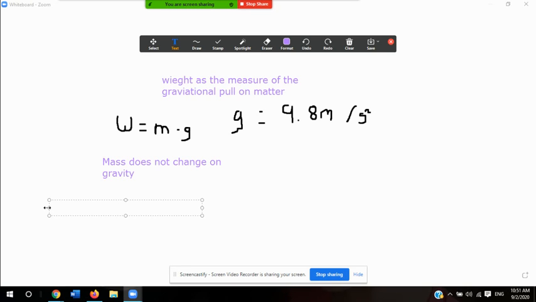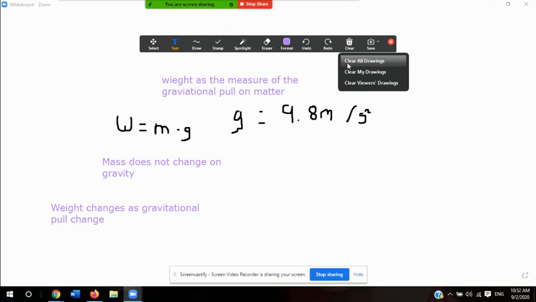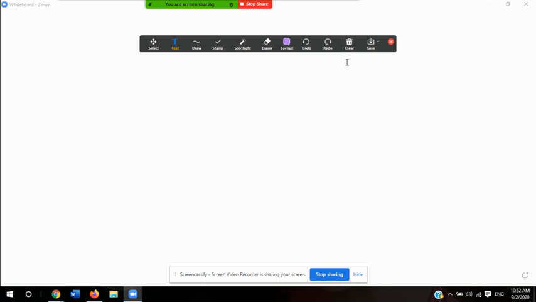Again, weight changes as gravitational pull changes. Of course, it all depends on the metric system that we're using, but those are the most important concepts on page 33.